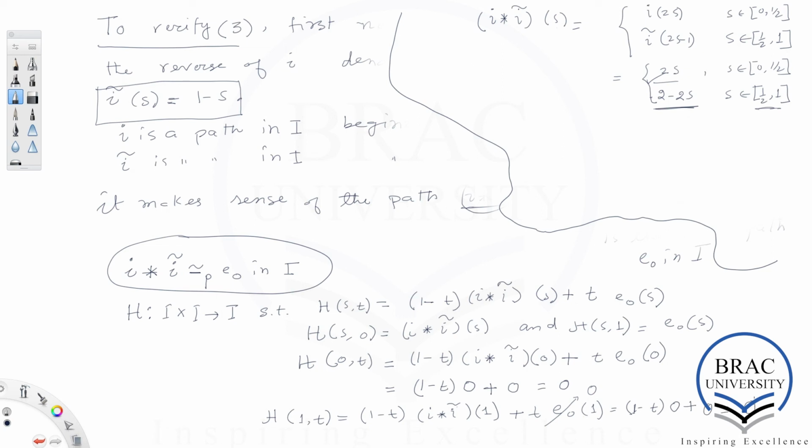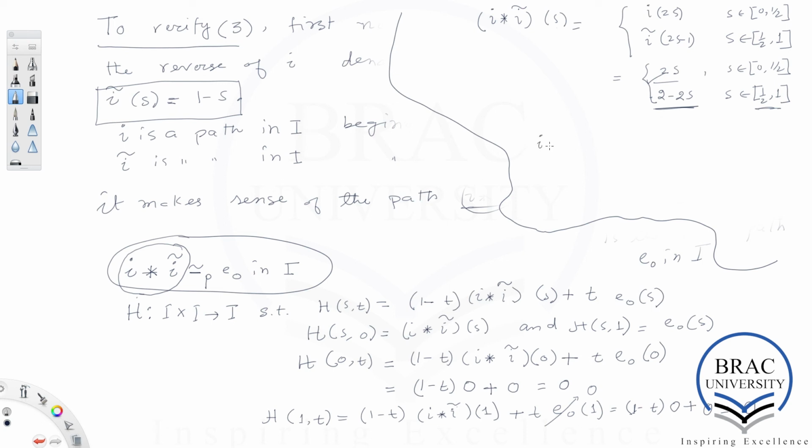Okay, this makes sense because the initial and the final points of I star I twiddle are both 0, right? Why?